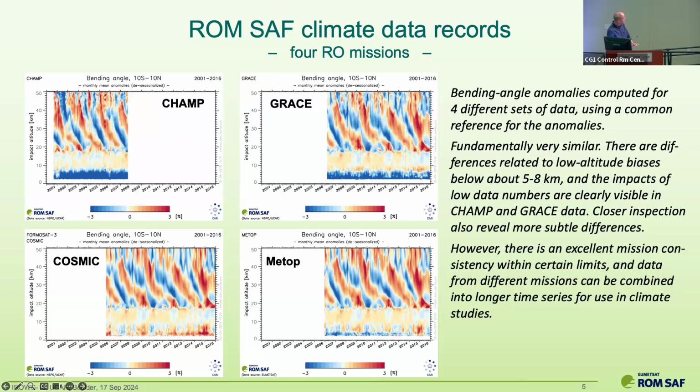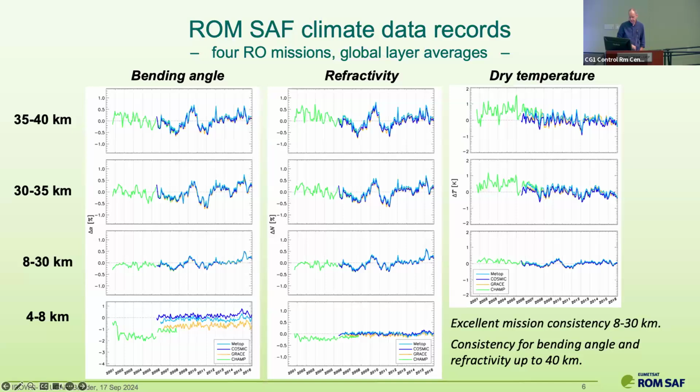If you compare these, taking differences, we can see there are subtle differences between the missions. When we develop the data records, we try to understand where these biases between missions come from and try to address those. Anyway, that was bending angle, low latitudes.